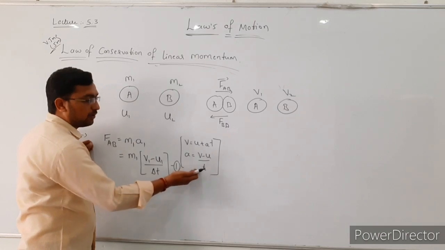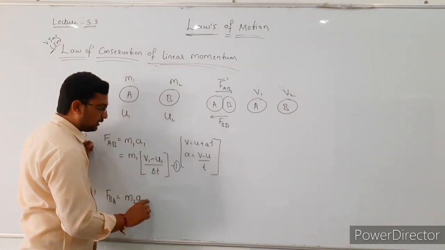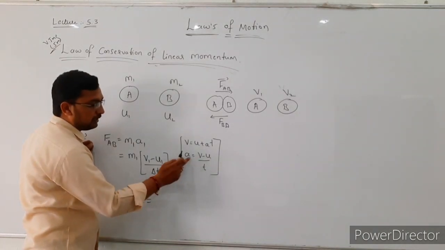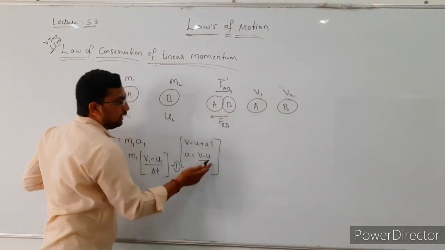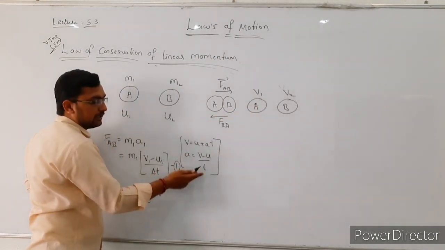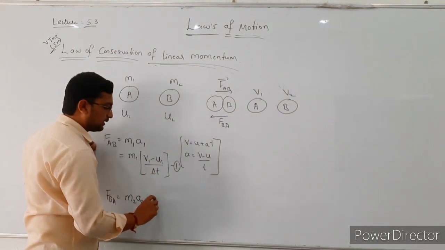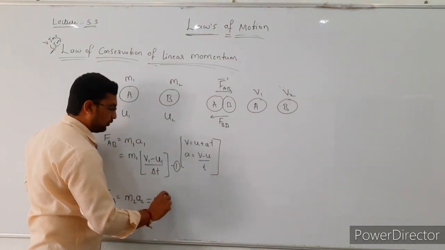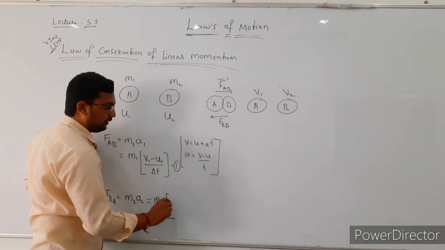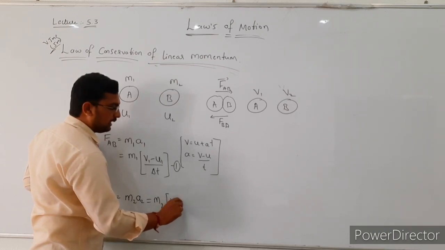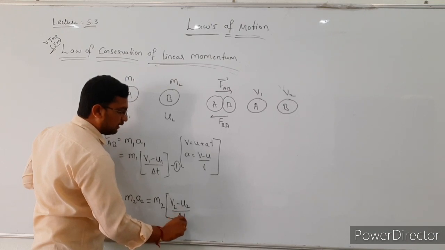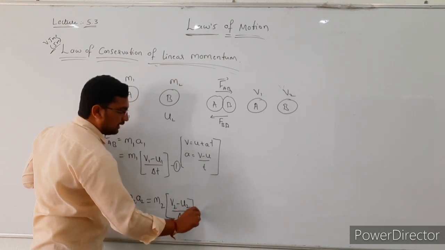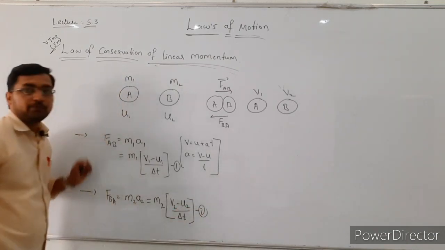Substituting the formula, a2 is the final velocity of the second body v2 minus the initial velocity u2, divided by the time interval del t. So this is m2 bracket of v2 minus u2 divided by del t. This is our equation number 2.